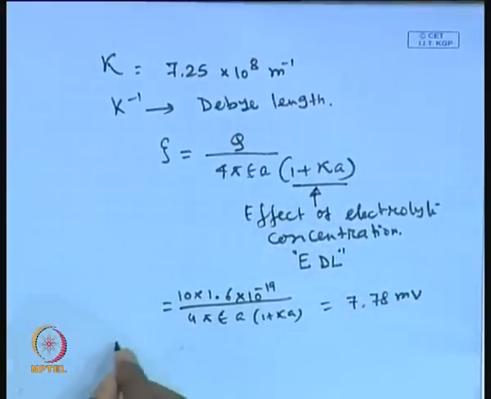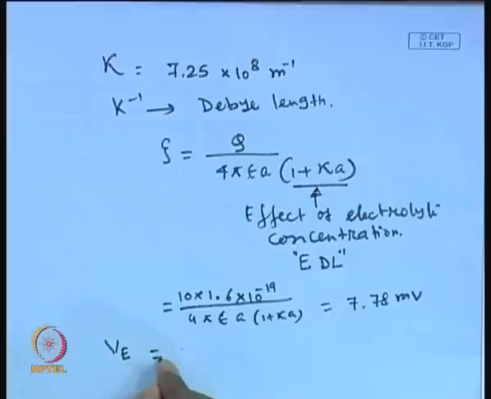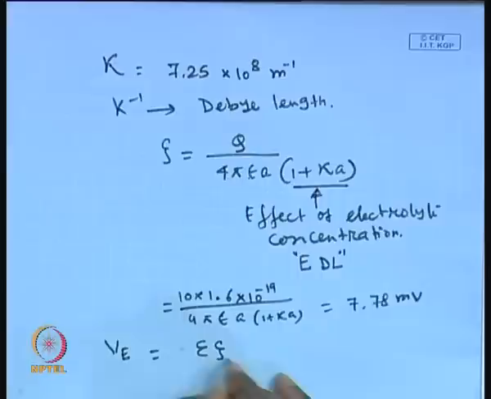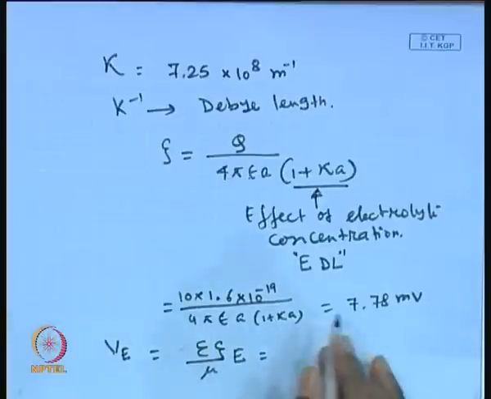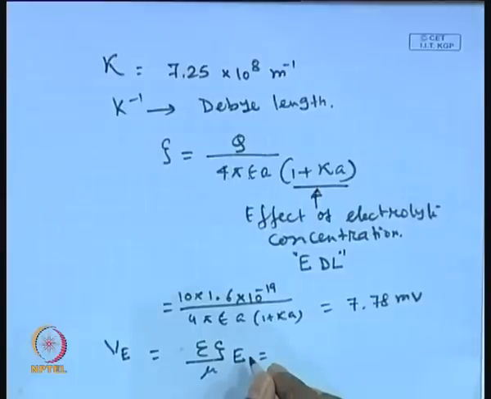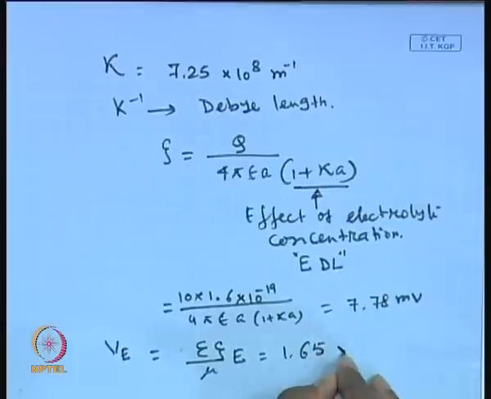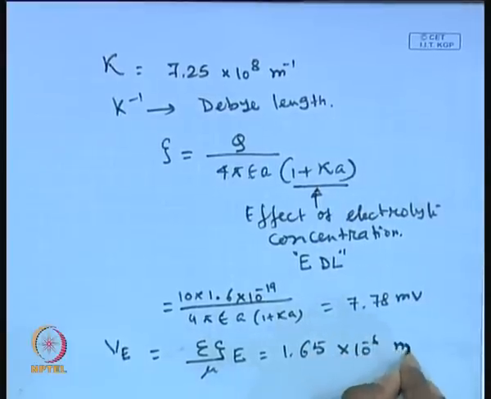And you can calculate VE using the Helmholtz-Smoluchowski equation, epsilon zeta divided by mu times E, where E is 300 volts per meter, the external electric field strength. It turns out to be 1.65 into 10 to the power minus 6 meter per second.